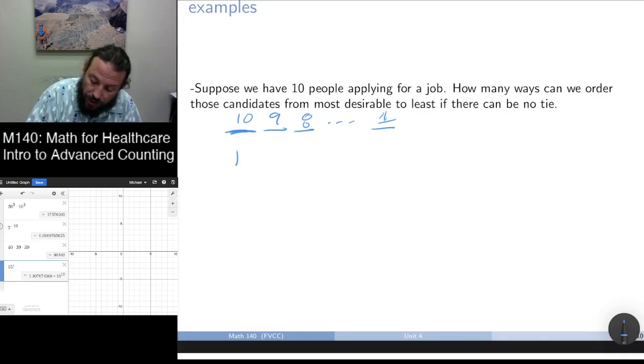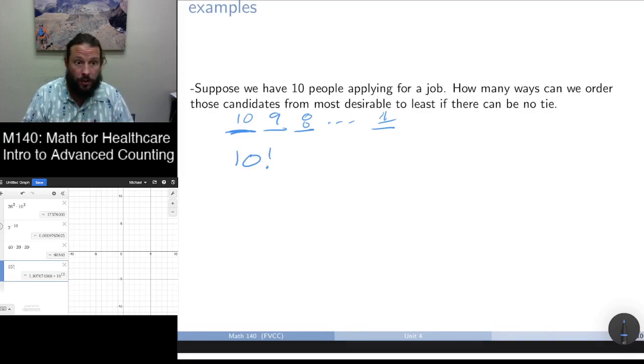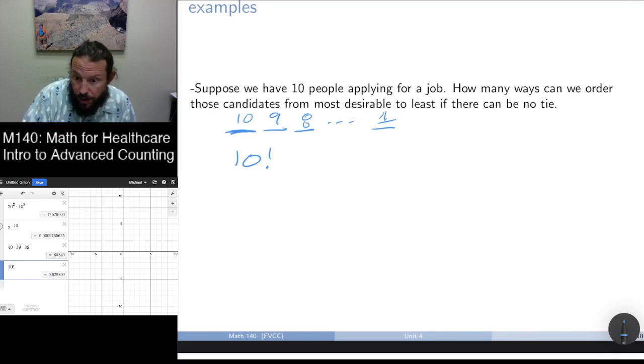Hopefully we see that's going to be 10 factorial orderings. You could think of those 10 people as 10 distinct letters and ask how many ways we can arrange them. It's really the same problem. That's always important in this class: seeing the similarities between problems, even though the units may be different. 10 factorial is approximately 3.6 million.